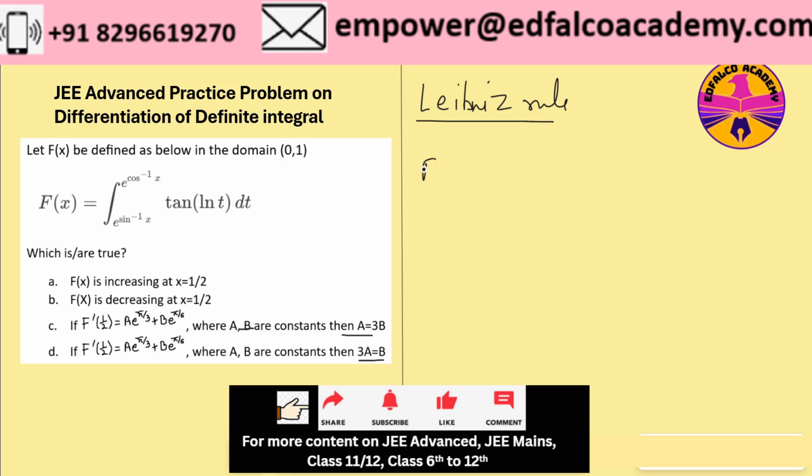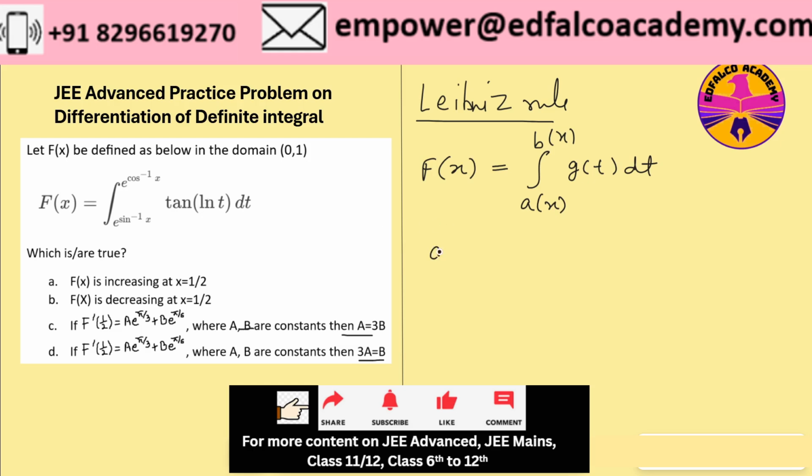So let's say that there is a function f of x is equal to integral from a of x to b of x g t dt given to us. So this is the integral that you can see is following exactly the same format as the problem. Like we have f of x, and then we have the lower limit which is a function of x, we have upper limit which is a function of x, and then there is g of t which is tan of ln of t in this case.